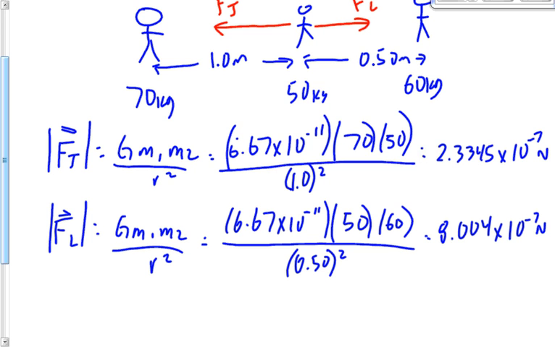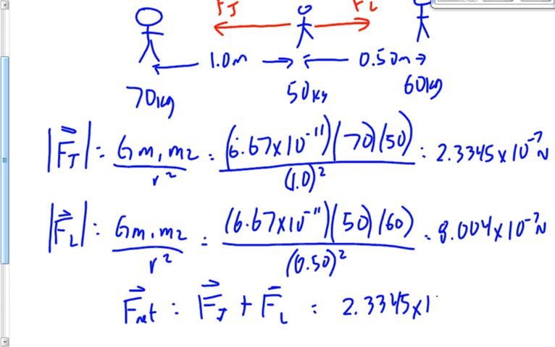We're going to say the net force, as we always do, is equal to the sum of the forces. In this case, Fj plus Fl. Well, Fj here is 2.3345 times 10 to the negative 7 newtons plus 8.004 times 10 to the minus 7.